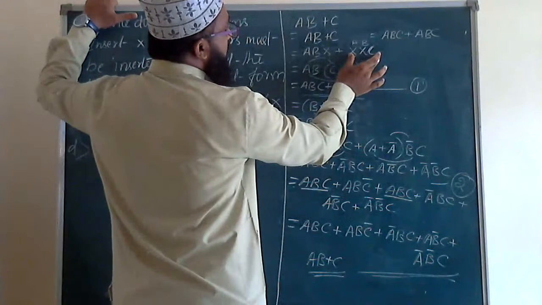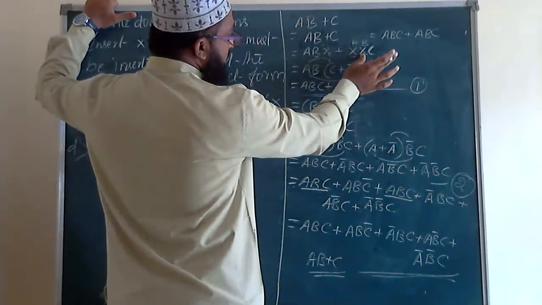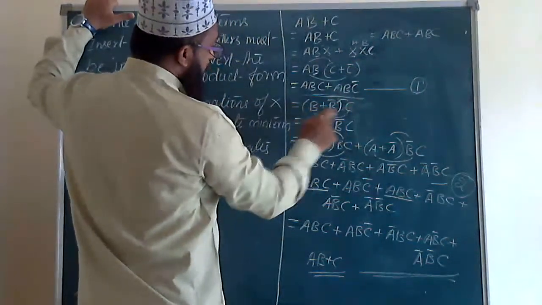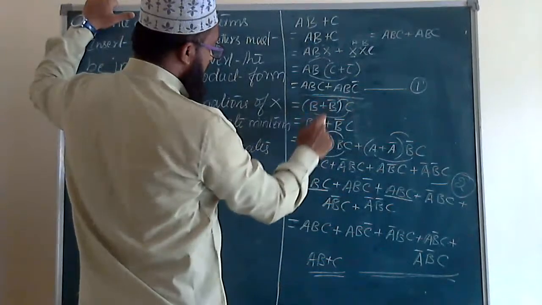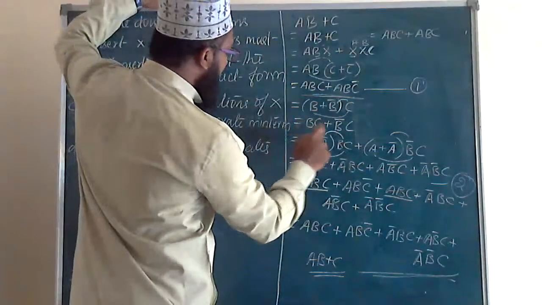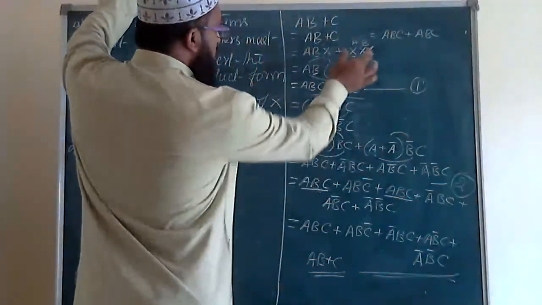Here A and B are missing. I will take the last two terms first. B is missing, so I will take B plus B bar into C. Multiplying, it becomes B into C plus B bar into C. Now here A is missing in two expressions, and here also A is missing.